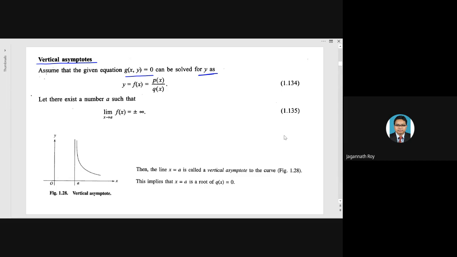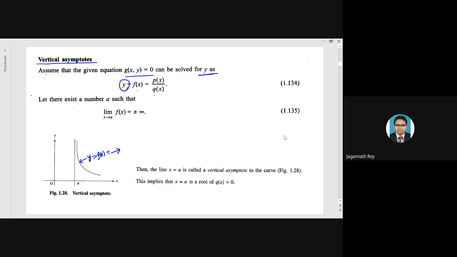So y will be written in terms of p(x) by q(x), that is, y equals f(x).